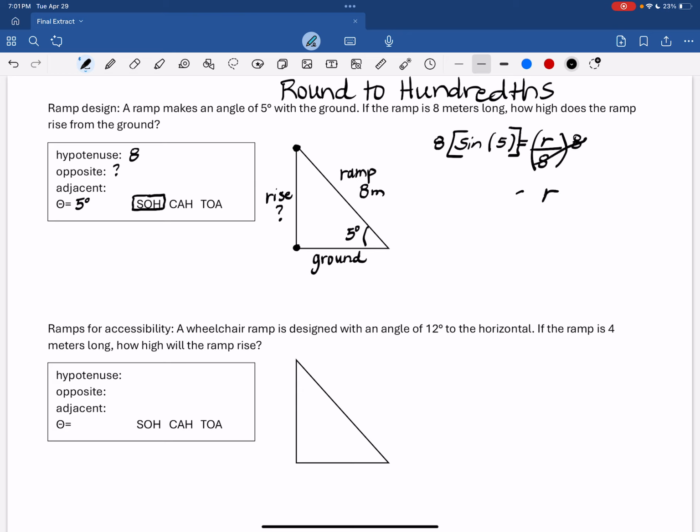We're going to get the rise to be about 8 times the sine of 5. And it's actually less than a meter, which makes sense. If that's a wheelchair ramp, it's not going to be very steep. I would not expect something too steep or the chair would not roll up the slope.